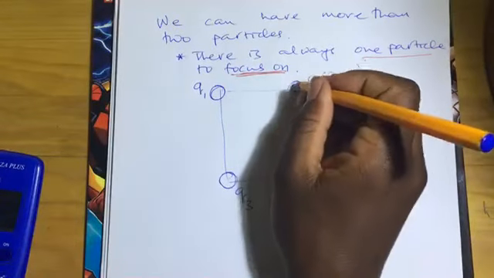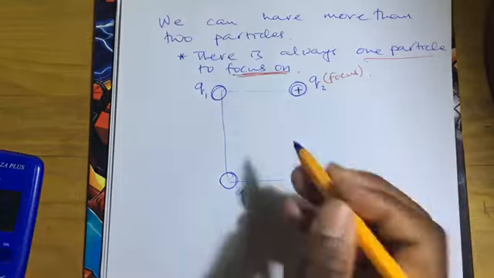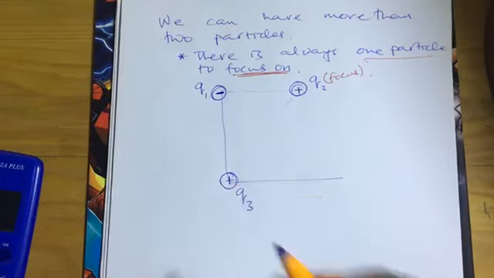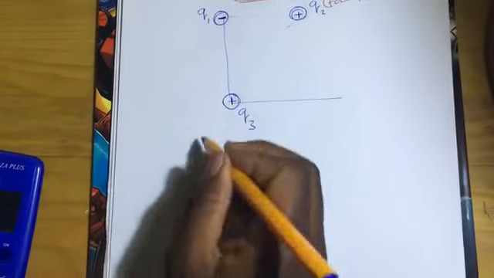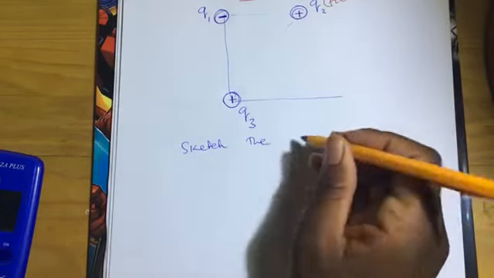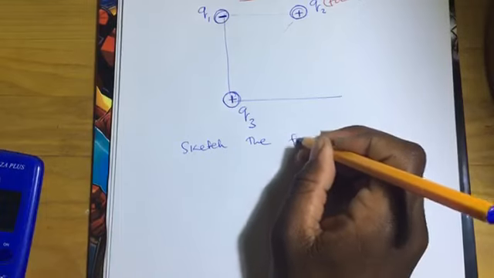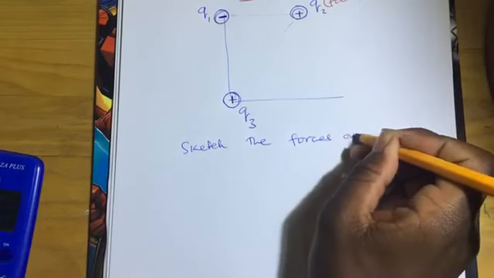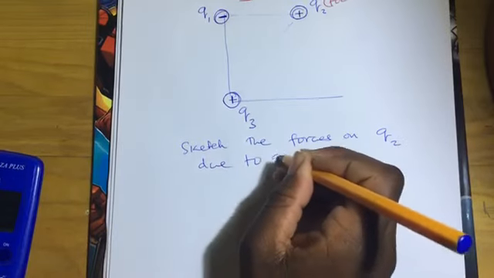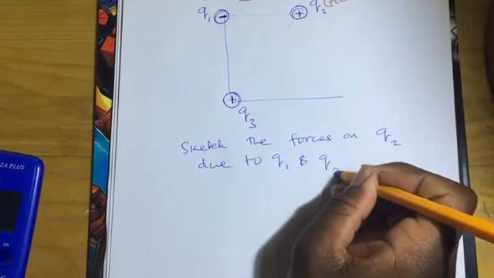Let's assume this is positive, and let's assume this is negative. Let's assume this is positive. So, sketch the forces on Q2 due to Q1 and Q3.